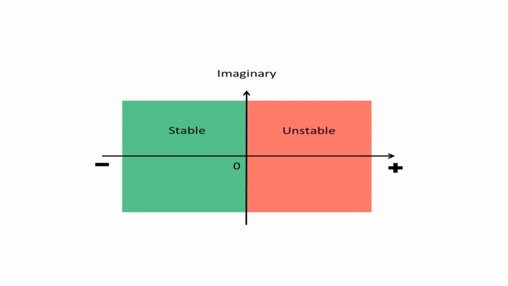Now we can start to quantify the whole idea of stability and instability. As you can see from the following, what's called S domain, there are two parts. The left-hand side of the S domain, which is green, and the right-hand side of the S domain, which is red.